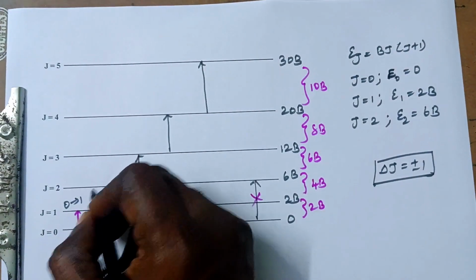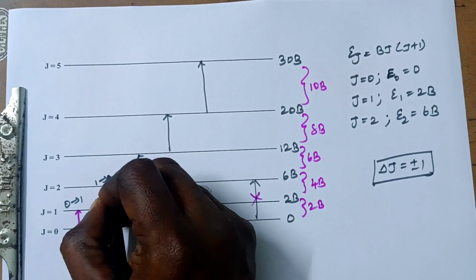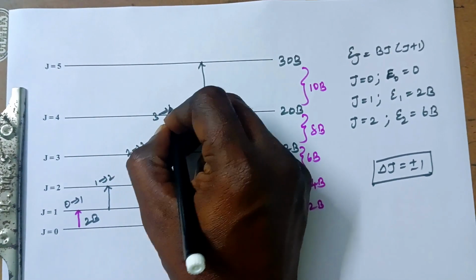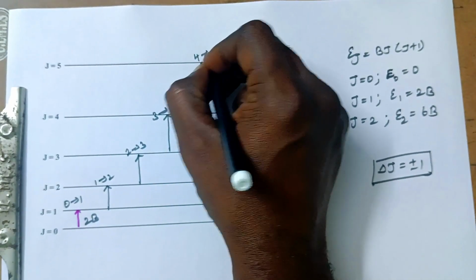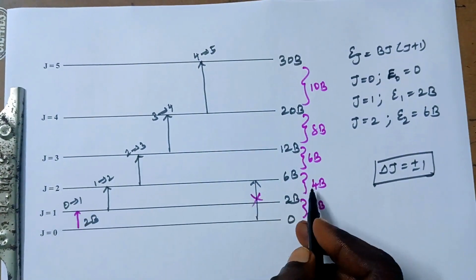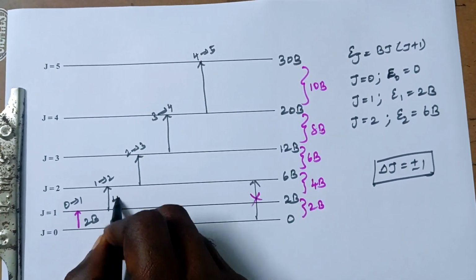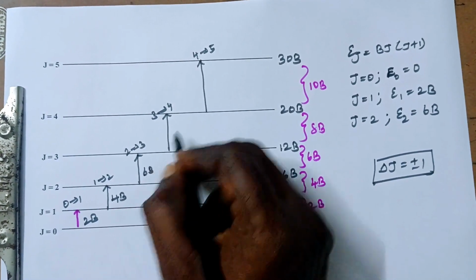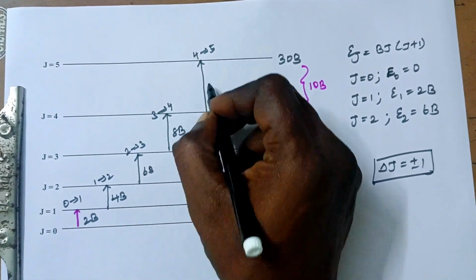So this one is 0 to 1, this is 1 to 2, this is 2 to 3, 3 to 4, and this is 4 to 5. Here the energy difference is 2B, here 4B, 6B, 8B, and 10B.